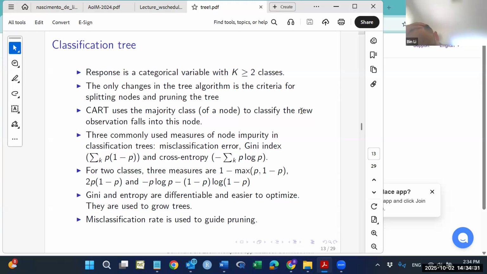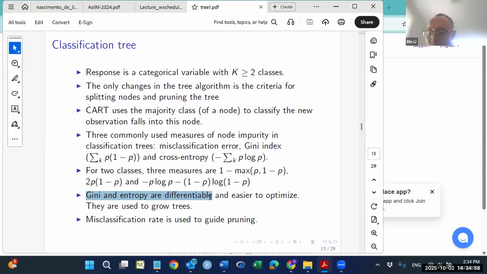Okay, so what do most tree packages do? For the first step, splitting the nodes in growing a tree, they use the Gini index and the cross entropy to do the job. Why?